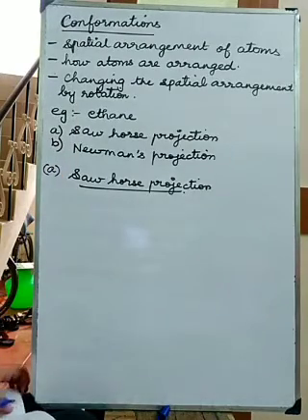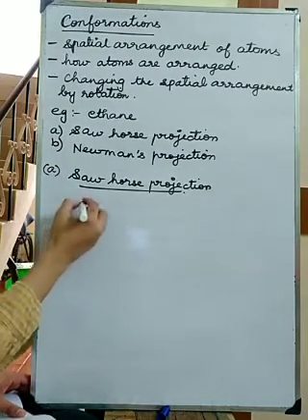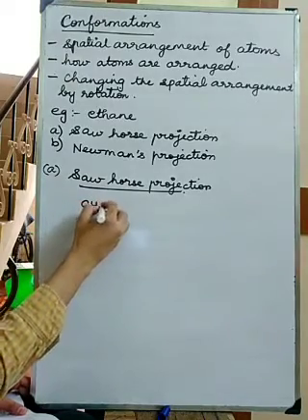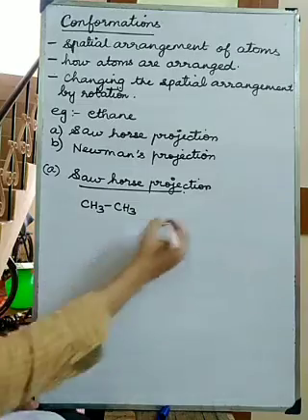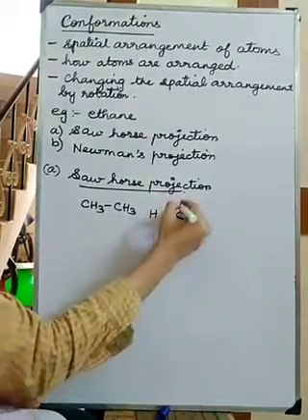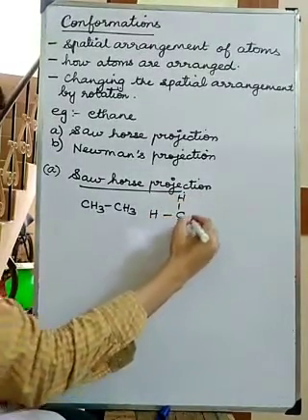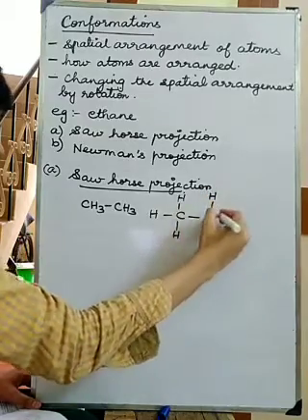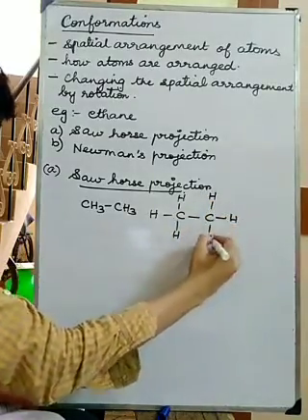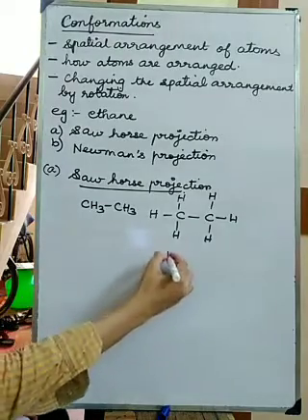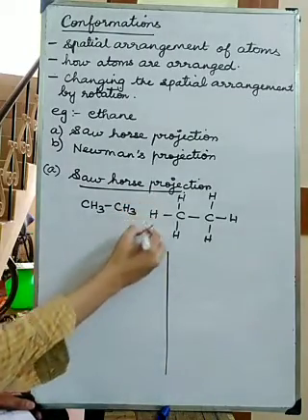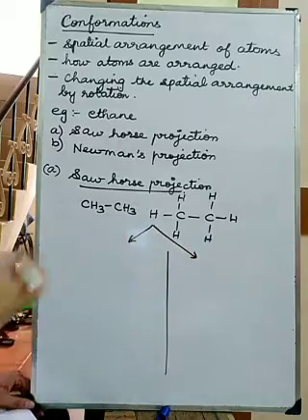What is the formula for ethane? CH3 single bond CH3. So this Sawhorse projection, it is of two types.